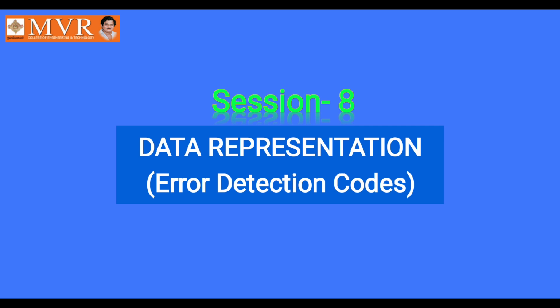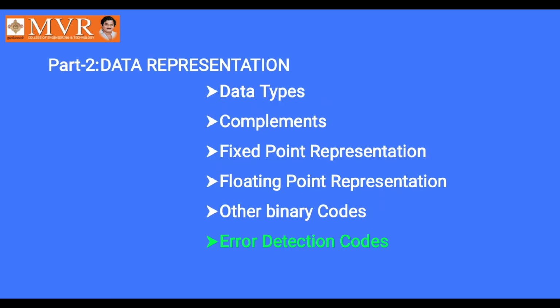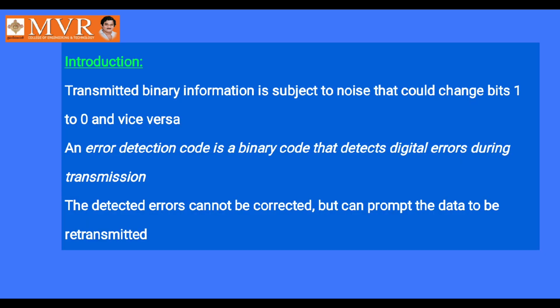So error detection codes. What is an error? You know very well, whenever we are sending data, if the data that is sent from the sender is the same as the data received at the receiver end, then we can say that there is no error.